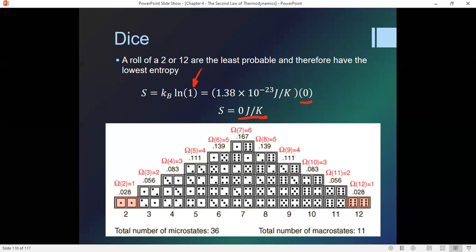Okay, 0 joules per degree Kelvin. So if I start with 2s and I roll it, my chances are I'll probably end up with a 7, a 5, an 8, a 9, or a 4, but it'll be very unlikely that I will roll snake eyes 2 times in a row.